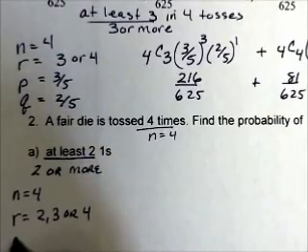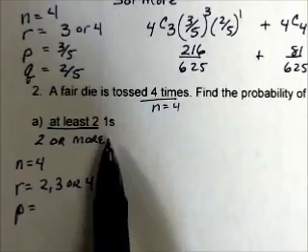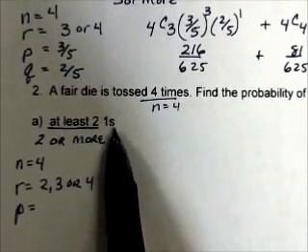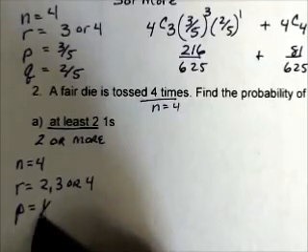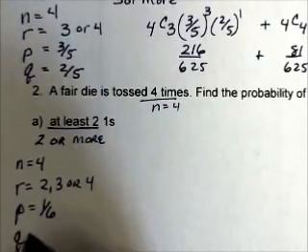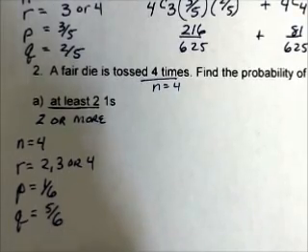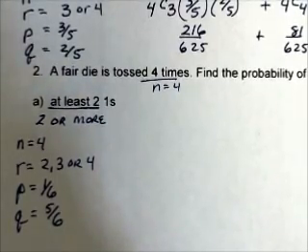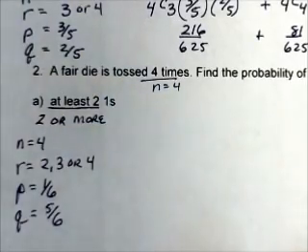p value, what's the probability of tossing a 1? Probability of getting a 1 when rolling a die, 1 out of 6. And probability that it's not a 1 is 5 out of 6. Okay, so we need 3 individual values with an r value of 2, 3, and then 4.